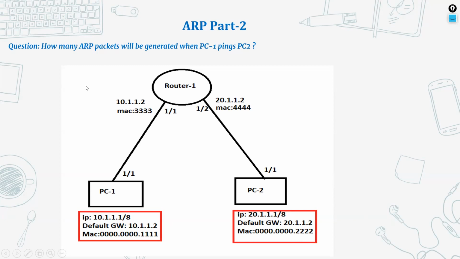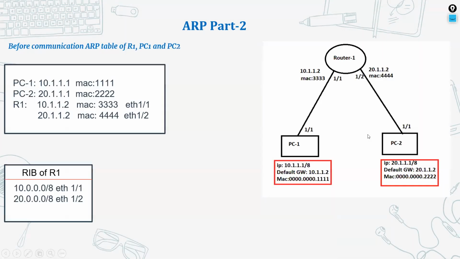So the question is that when we ping from PC1 to PC2, how many ARP packets will be generated? Let's find out. So when there is no communication, let's see what are the ARP tables of router 1, PC1 and PC2.